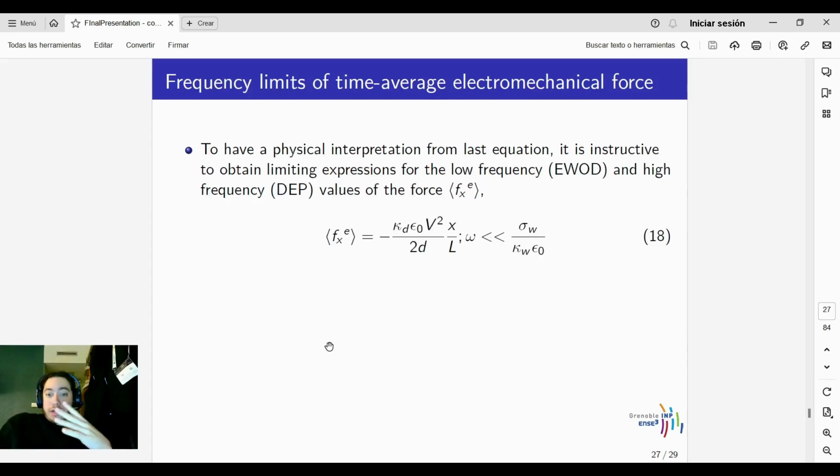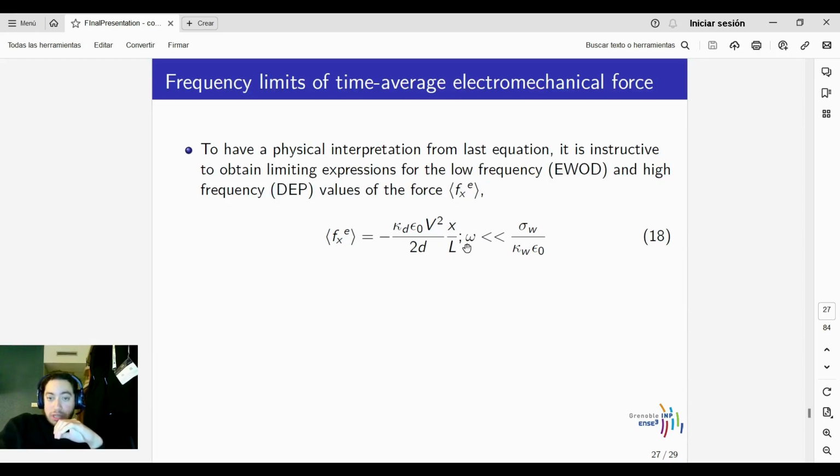In cases of low frequency, we will have an electrowetting behavior. So we can express the electrical force just as we express it in the first cases, as a 2D, just the electrowetting case.